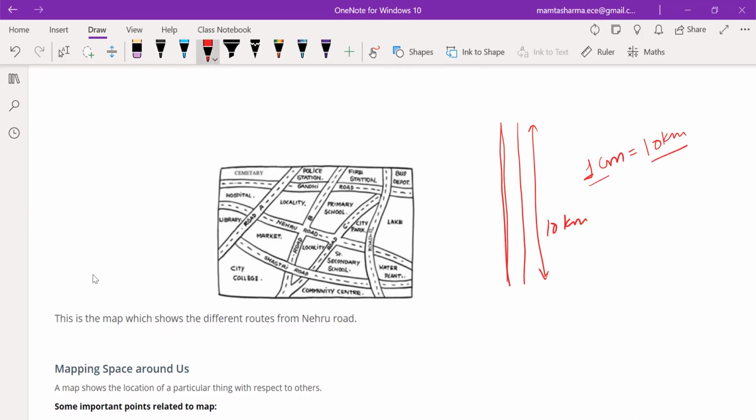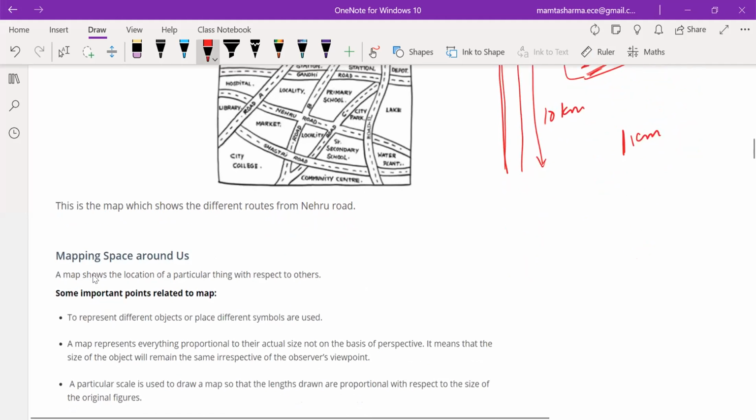So for 10 kilometers they will draw only a 1 centimeter line. In this way, by reducing the scale, a large space can be shown in a small scale on the map.